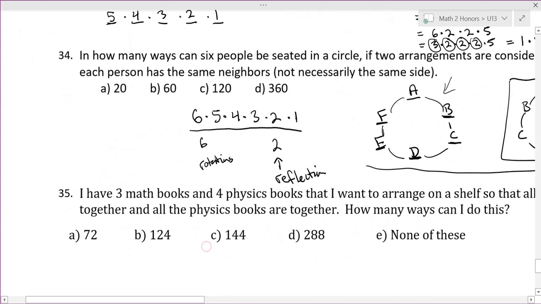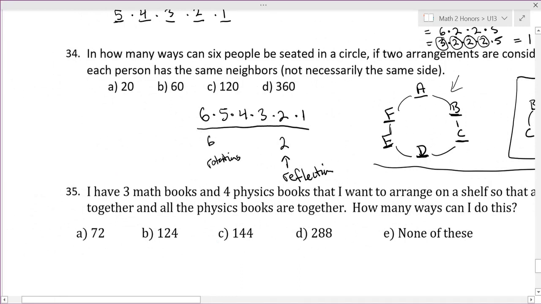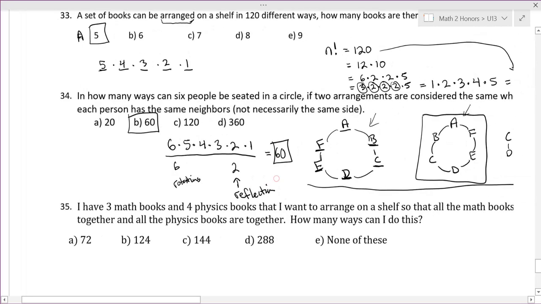And so that's what we end up with. This is a little trickier because you have to think about rotations and reflections, and you work through that and you end up with 60.